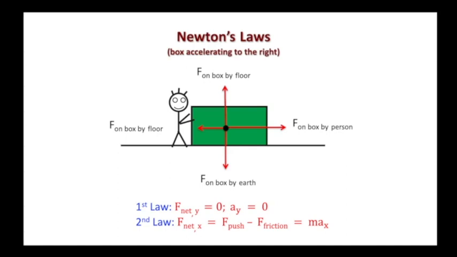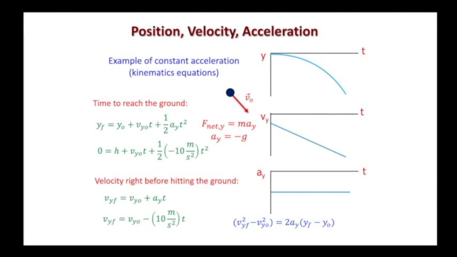So the net force in the x direction is just the difference between those two forces, and the force is equal to the mass times the resulting acceleration. So if we knew the net force and the mass, we could solve for how much the box is going to accelerate.